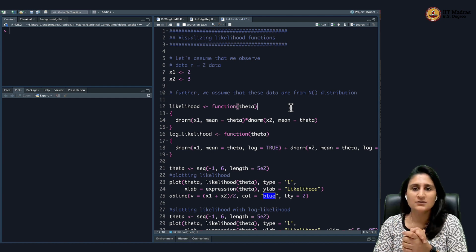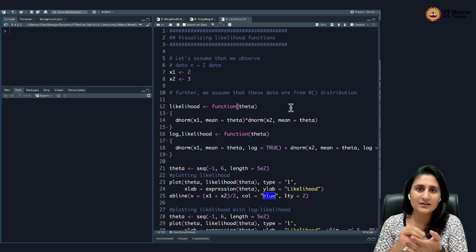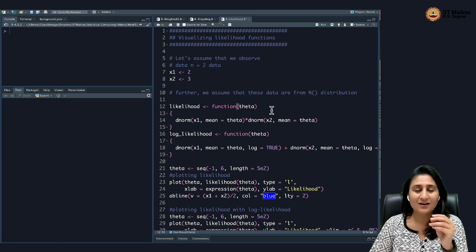Now, with this assumption, we have defined our likelihood function. Recall that, assuming the data are independent and coming from a normal distribution, the likelihood function is just the density function evaluated at x1 times the density function evaluated at x2, at various given values of theta.